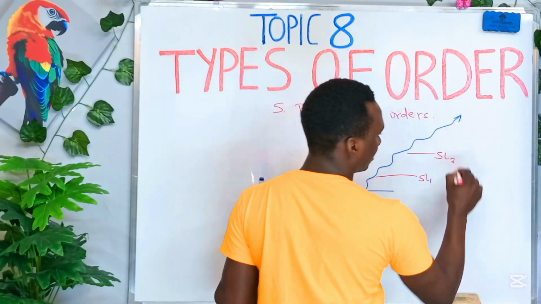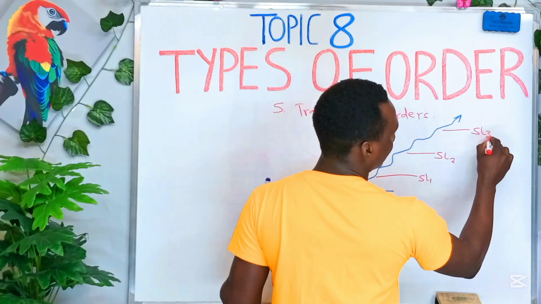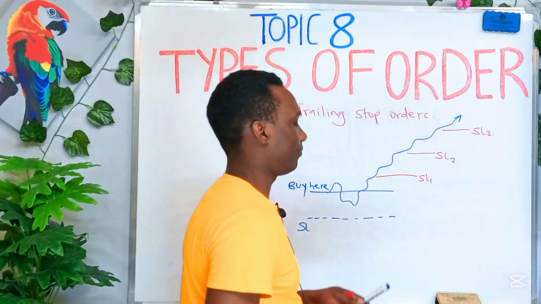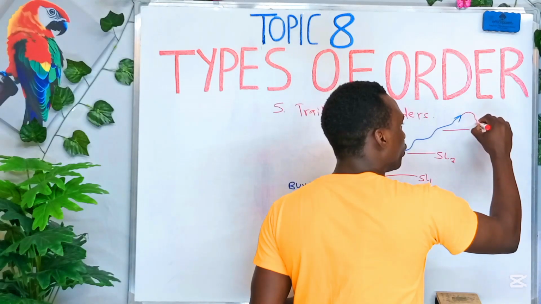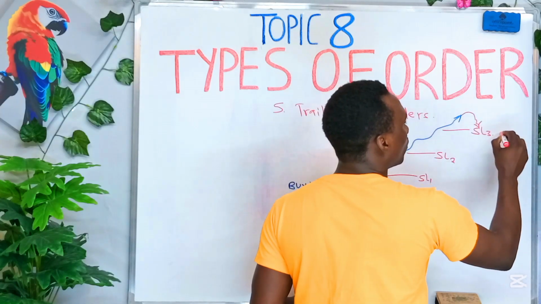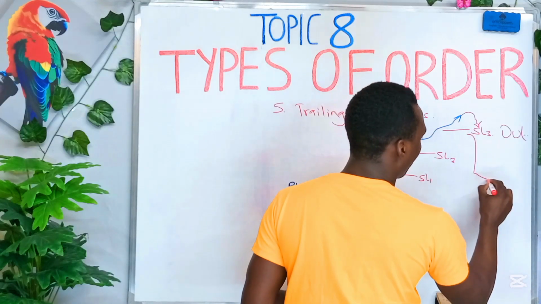All right, and subsequently you place your SL3 there. In any case that the market would want to reverse on you, it will trigger you out. Okay, and close you with this profits.